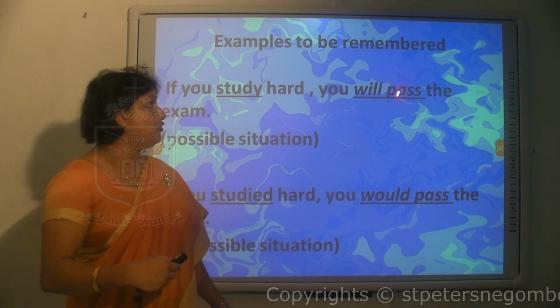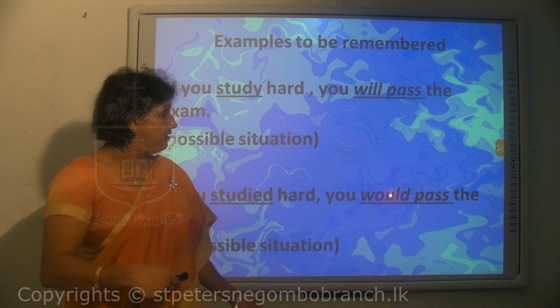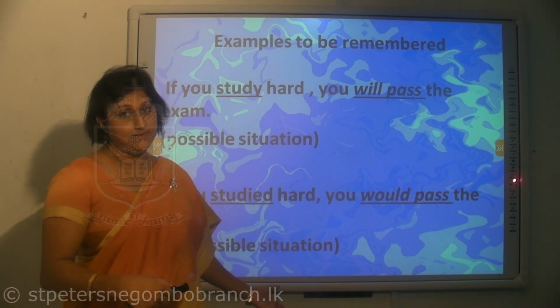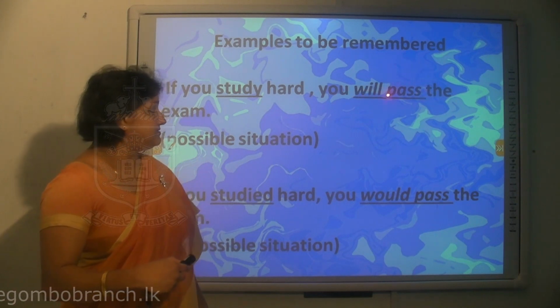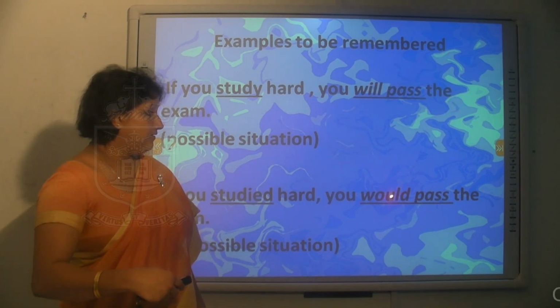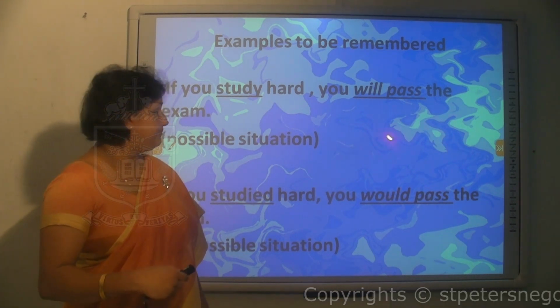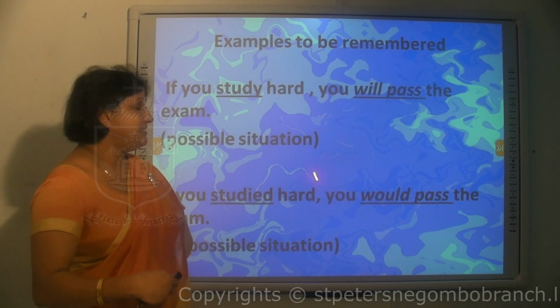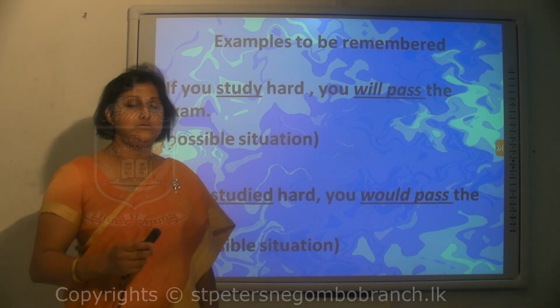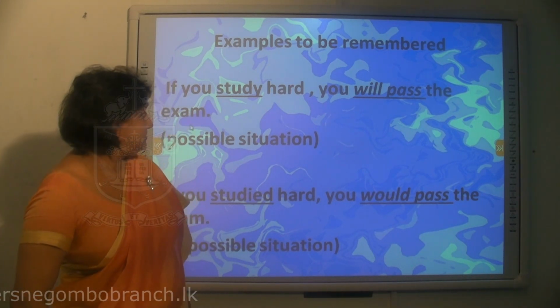If you say you can get selected to the team, then you could get selected. So will pass, can pass, may pass here; would pass, could pass, might pass. These are the two easiest sentences which you can remember when learning the conditional sentences.